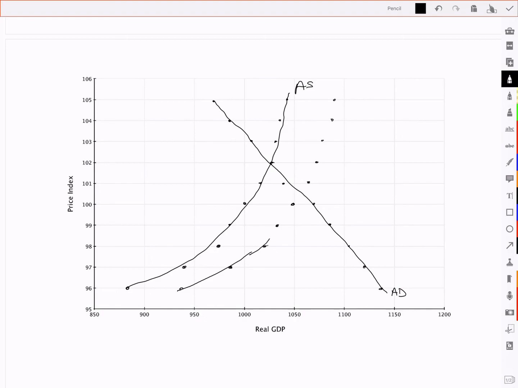So here's our aggregate supply curve, shifted to the right. Hopefully yours is a bit more accurate than mine. So if you added 50 to all the numbers, you could find the new points.